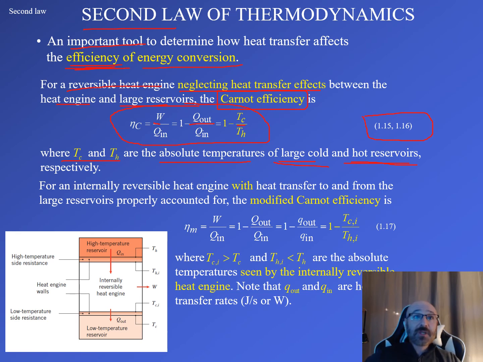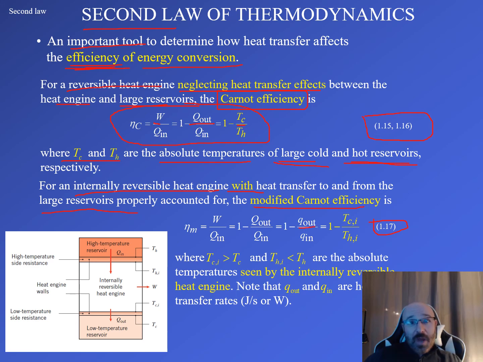Now let's consider a different case here for an internally reversible heat engine with heat transfer to and from those large reservoirs now accounted for properly. So this is going to give us equation 1.17, or the modified Carnot efficiency. So we have the same relationship right here. W over Q in is equal to 1 minus Q out over Q in, which is equal to 1 minus lowercase q out over lowercase q in.